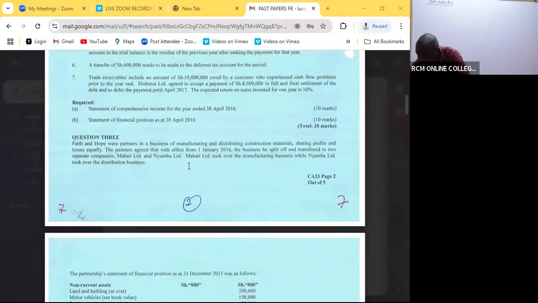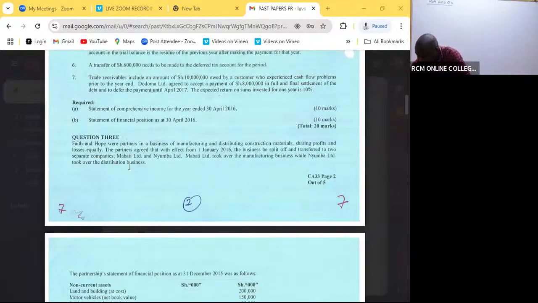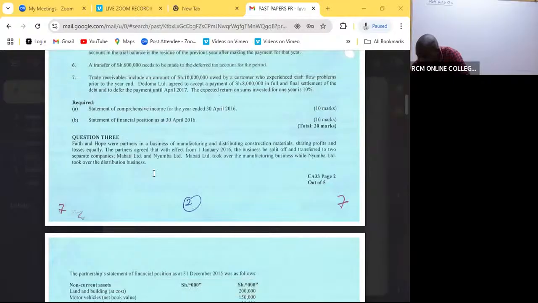The partners agreed that with effect from 1st of January 2016, the business be split off and transferred to two separate companies, Mabati Limited and Nyumba Limited. Mabati Limited took over the manufacturing business, while Nyumba Limited took over the distribution business.